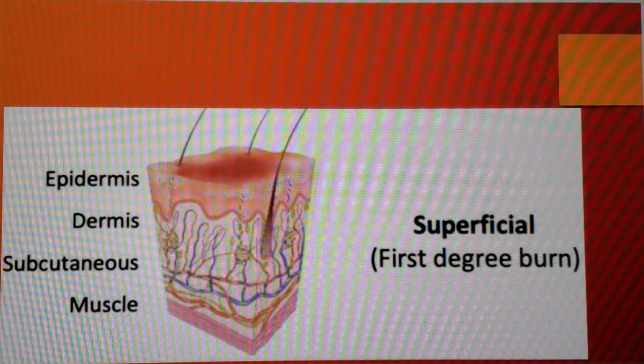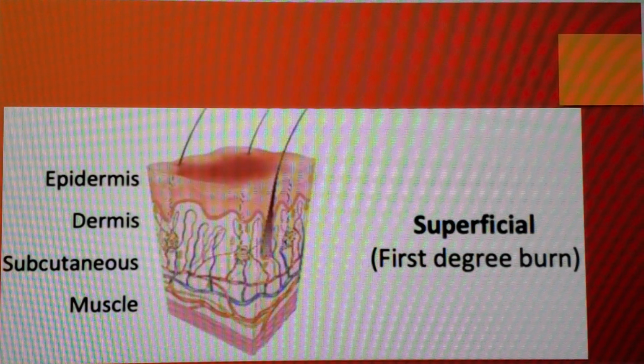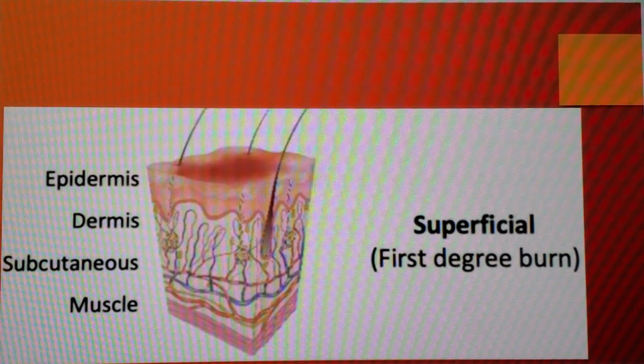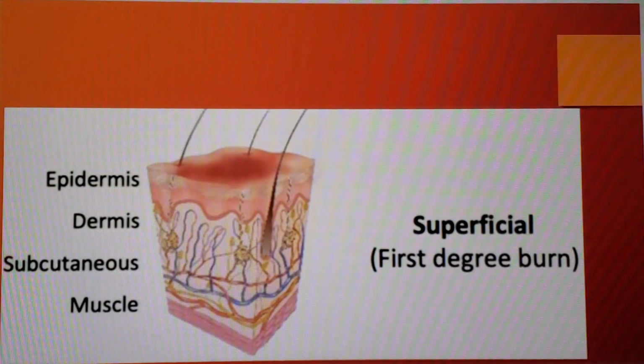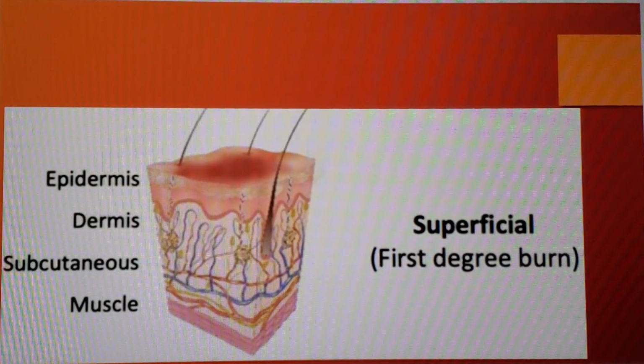Now, here's where we want to really focus in on. I want you to pay real close attention to this. Epidermis, right? Followed by the dermis, then the subcutaneous tissue and the muscle. And in this instance, this is very similar to when we talk about skin breakdown, or the old school way of saying it, the decubiti, right?